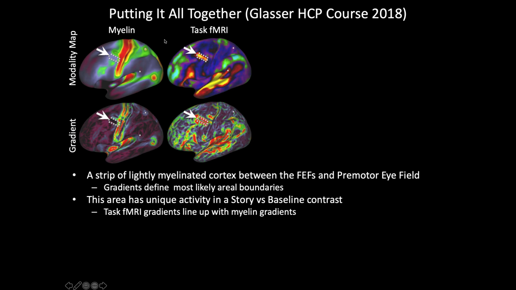And if we do task, in this case, it's a task where the participants are presented with a story relative to some baseline condition. We find that task fMRI actually lights up right here in the exact same spot.